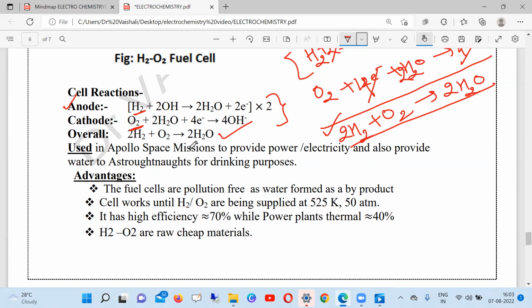It is used in the Apollo space program to provide electricity and also provide water to astronauts for drinking purposes. The water byproduct which is formed is condensed and the astronauts use it for drinking.